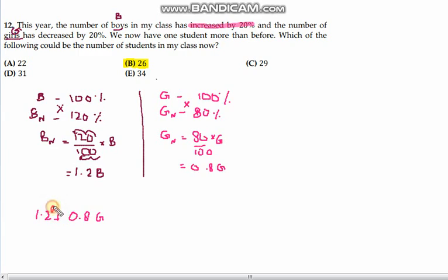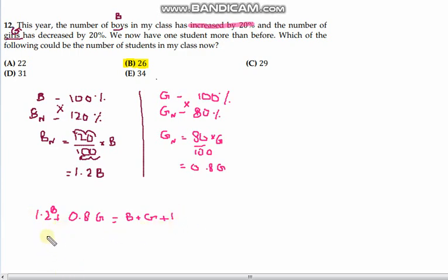Okay? And this is equal to, now we also have another possible expression for the number of students in our new class. That is, we now have one student more than before. This means that the number of students in our new class is B plus G, that is students in our old class, plus 1 for the extra student. We don't know whether it's a boy or a girl, but we do know that there is just one extra student.